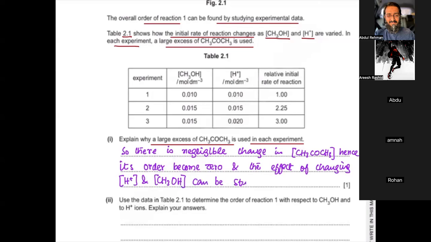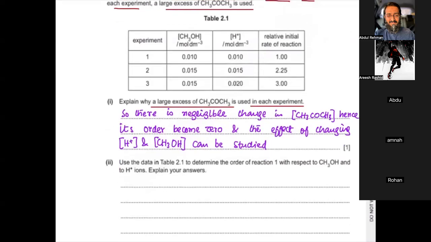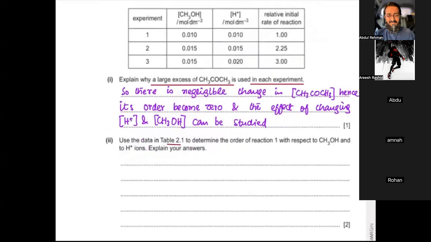So we are going to examine the effect of changing the concentration of both the other two reactants, and there is no effect on the rate due to the change in the concentration of propanone. I hope it's clear to all of you. Now, use the data in table 2.1 to determine the order of reaction 1 with respect to methanol and hydrogen ion. Explain your answer.